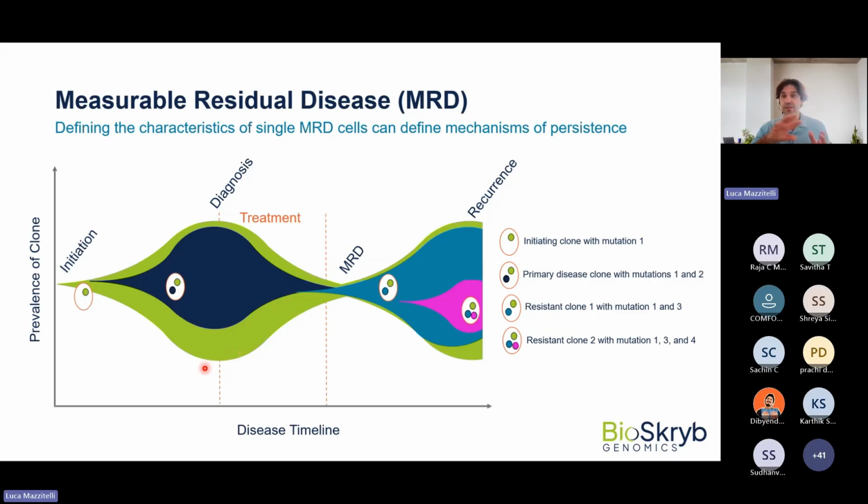Tracing single cells to predict which clones may persist or re-emerge after treatment is a way to characterize those, for example, CTCs, circulating tumor cells. So in this case, MRD cells that have been enriched by flow cytometry can offer an excellent opportunity for genomic characterization of persister cells.